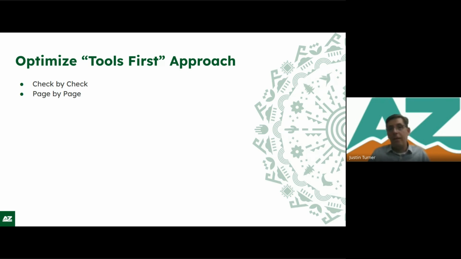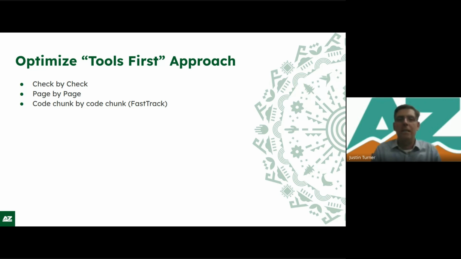Because you have already got the learning base set, this works really well with the highest priority pages first strategy that I'm going to talk about. But that is a way that you can organize your approach using the page tools in Optimize. The third one is called chunk by chunk, or code chunk by code chunk.